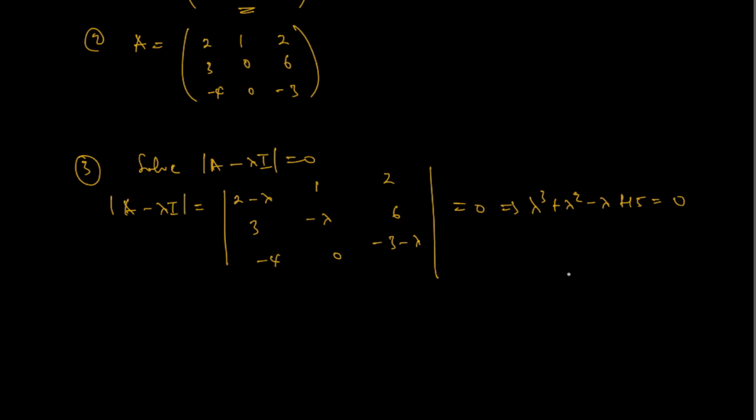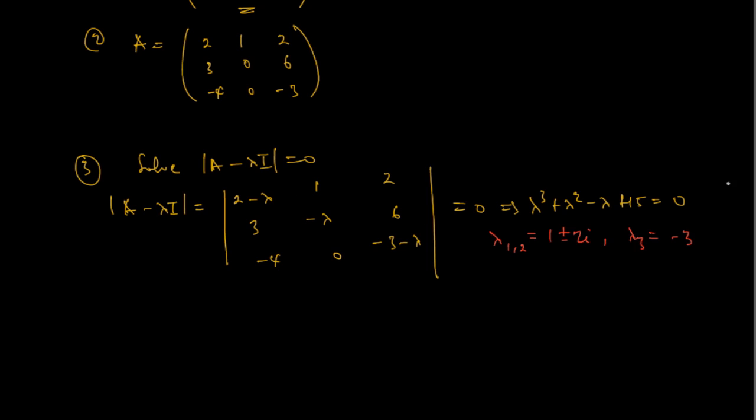And then when we solve this cubic equation, we obtain lambda 1, lambda 2 equals 1 plus or minus 2i, and our lambda 3 equals negative 3.